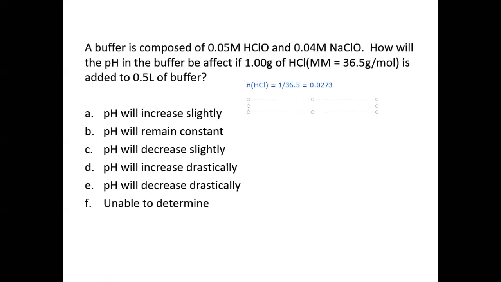Now let's calculate the moles of sodium hypochlorite, because that's the weak base. Oops, made a boo-boo. Let's do this.